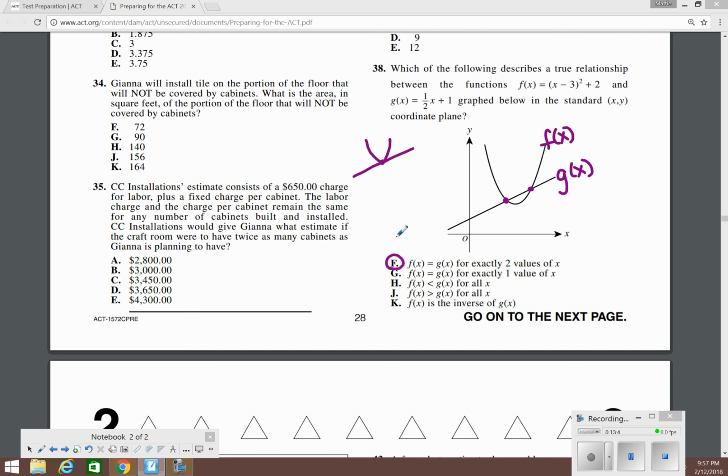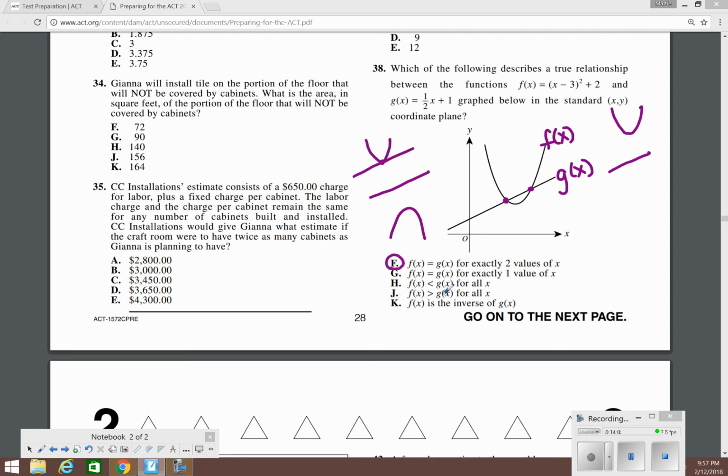H says that f of x is less than g of x for all x's. That would be a situation where g of x was above f of x the entire time, meaning f of x was underneath g of x the entire time. F of x is greater than g of x would be if the quadratic function was above the linear function for all x.